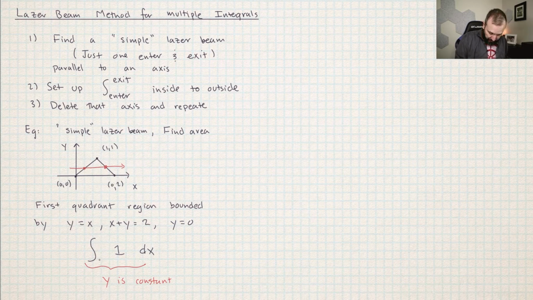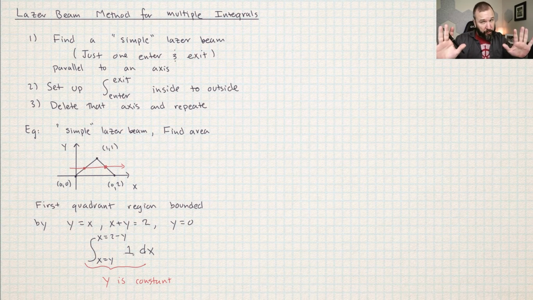So the first, it's going to enter at x is equal to y, and then it's going to exit right here. And what's that value? That is going to be x is equal to 2 minus y. You can see I've just solved the equation for where it exits for x because we chose dx first because that's the only simple laser beam. Okay, that's it. So we've done the first part of the step.